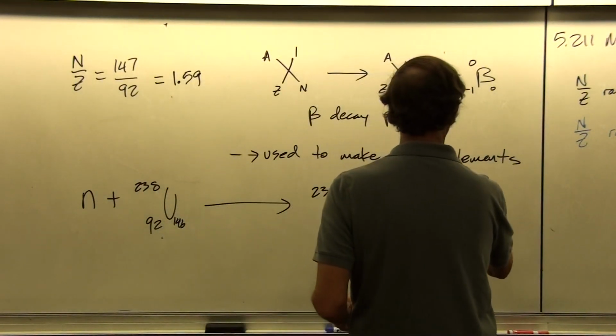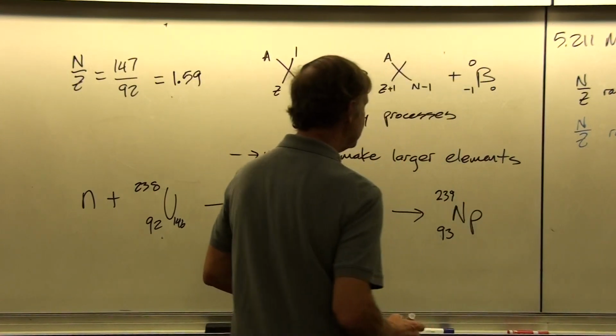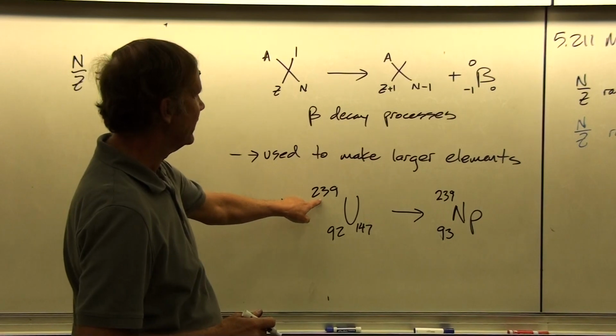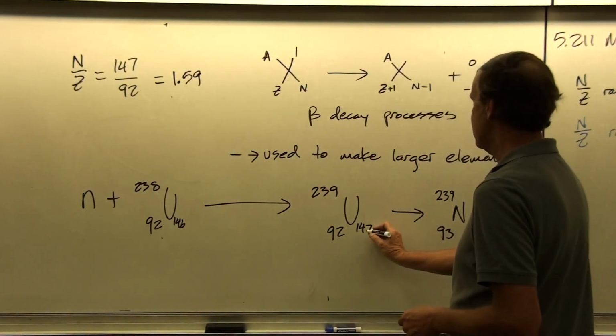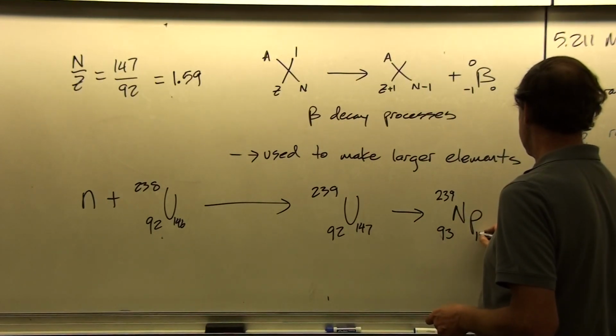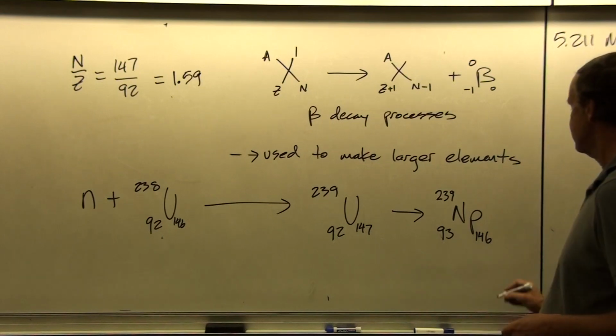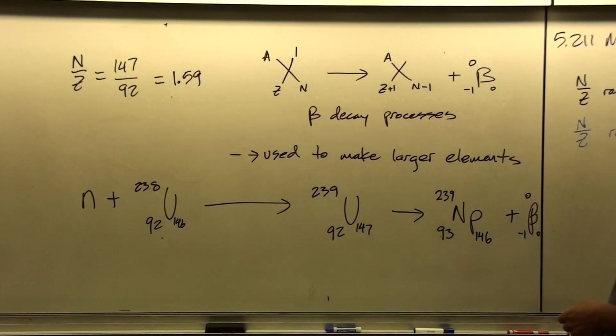It'll still have the same atomic mass number of 239 because electrons don't affect that. But it's going to take one of these neutrons and turn it into a proton. So this will be only 146 neutrons. And that'll be plus our beta particle, which is going to be minus 1, 0, and 0.